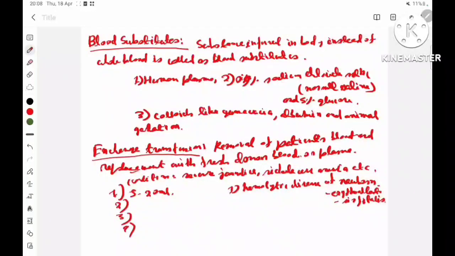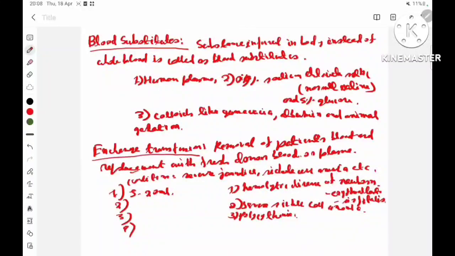Erythroblastosis fetalis is a hemolytic disease of newborn. Number 2, severe sickle cell anemia. Number 3, polycythemia. Polycythemia means increase in red blood cell count.